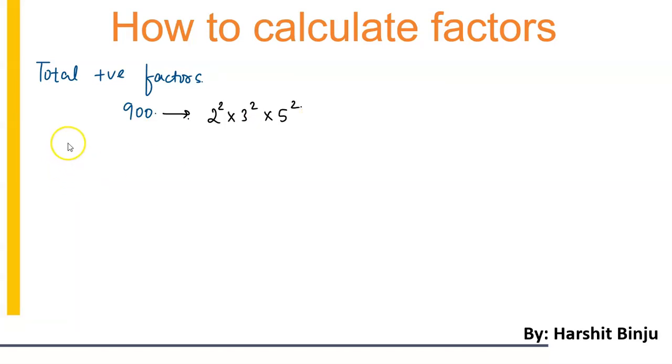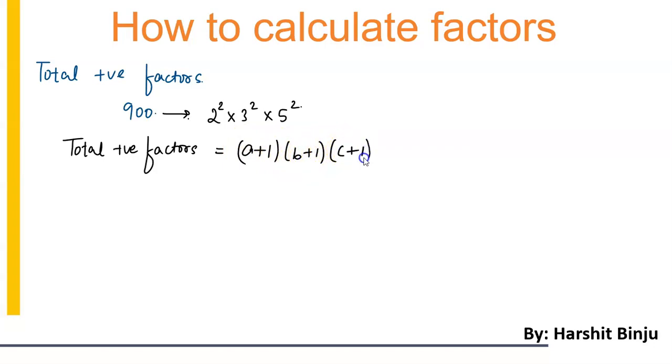Now if you want to calculate the total positive factors, the formula is (a plus 1)(b plus 1)(c plus 1)(d plus 1), and so on. You can have e plus 1, f plus 1, and so on. Now what are a, b, c, d?